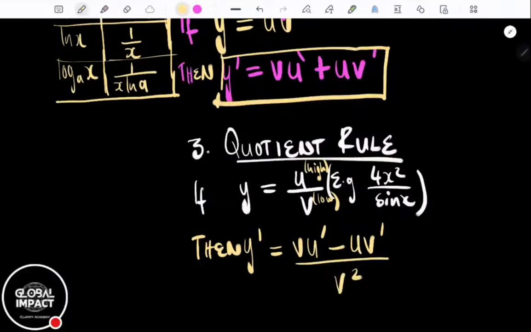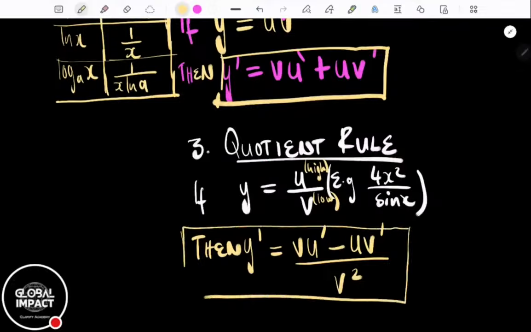It's low d high minus high d low over square the bottom. You must remember that. This will give me my quotient rule. Remember, it is when it's like this. It's not when you have 4 over sine x. No, this is not quotient rule.